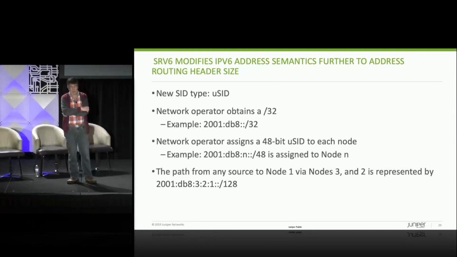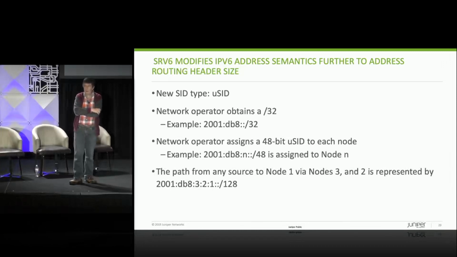Now, the path from node 1 via node 3 and node 2 is represented by the 32 followed by the unique 16 bits of each, so it's represented by 2001:db8:321.